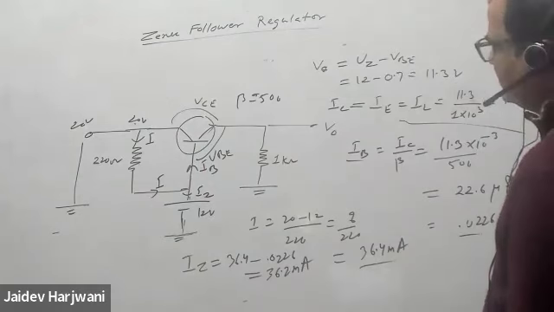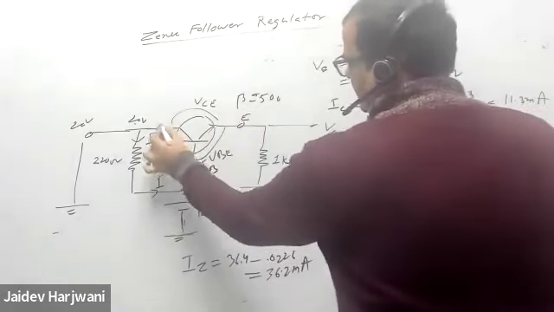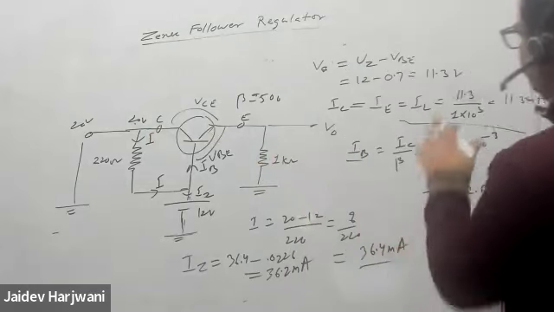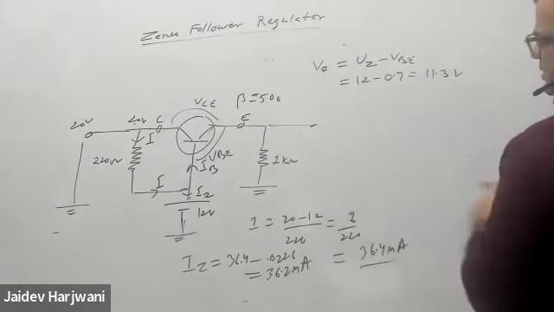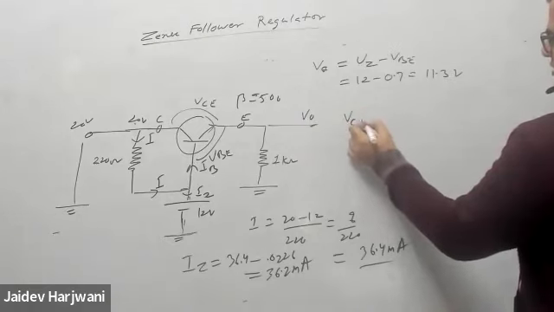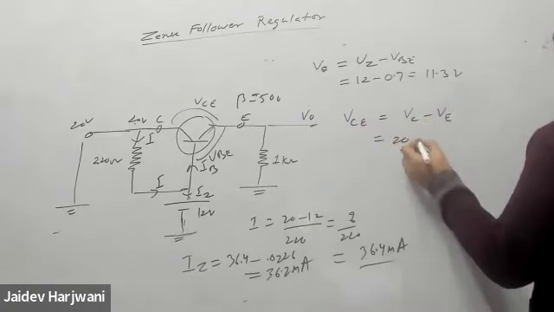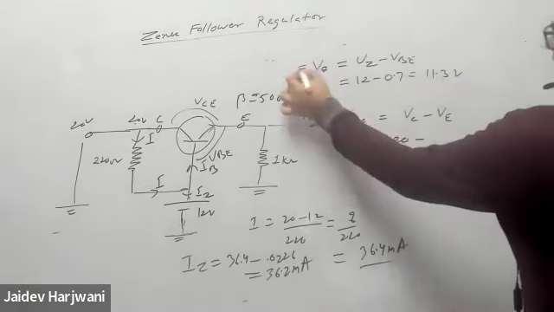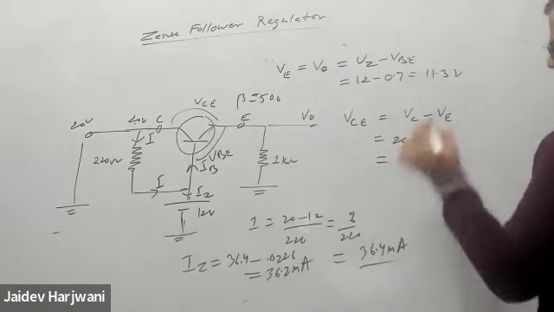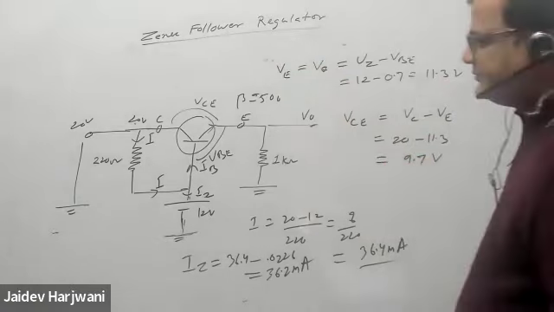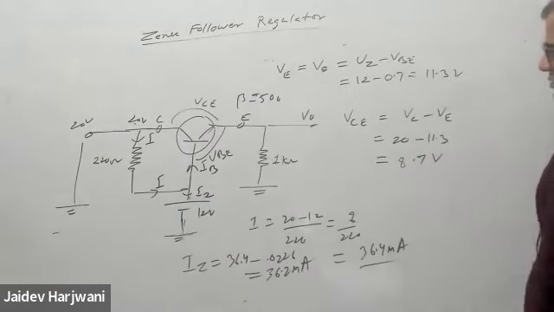So now you have VC, and you have VE. So you have VCE, VC minus VE, that is 20 minus VE, which is 8.7 volt.